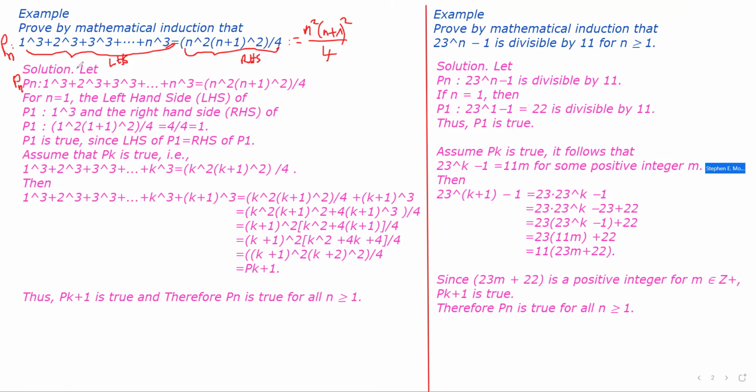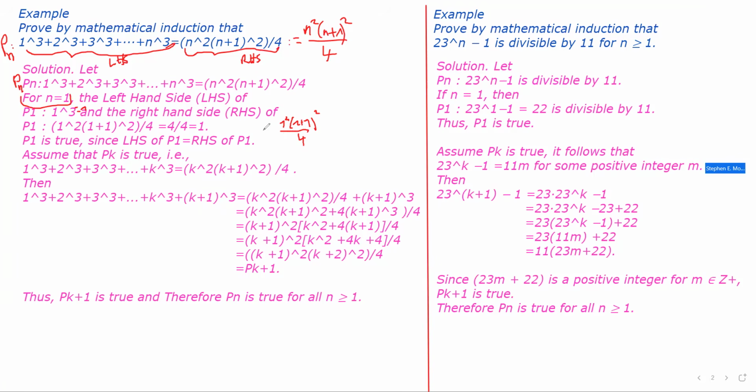So now we take the left-hand side, we take n is equal to 1. So for n is equal to 1, on the left-hand side, we have 1 cube. And 1 cube is equal to 1, right? And then on the right-hand side, if we take n is equal to 1, then here you have 1 squared into bracket 1 plus 1 squared, all over 4.